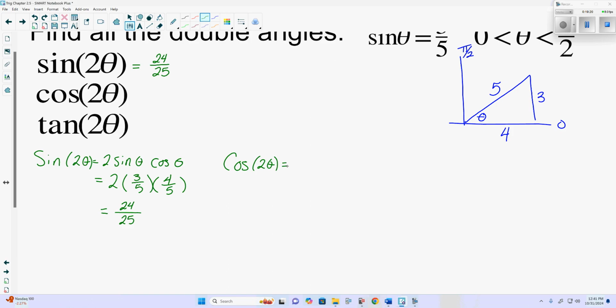Now, there are several different versions of cosine of 2 theta that we have. Which one do y'all want to use? Because it really doesn't matter. I'll have y'all pick one, because there's 3 of them.